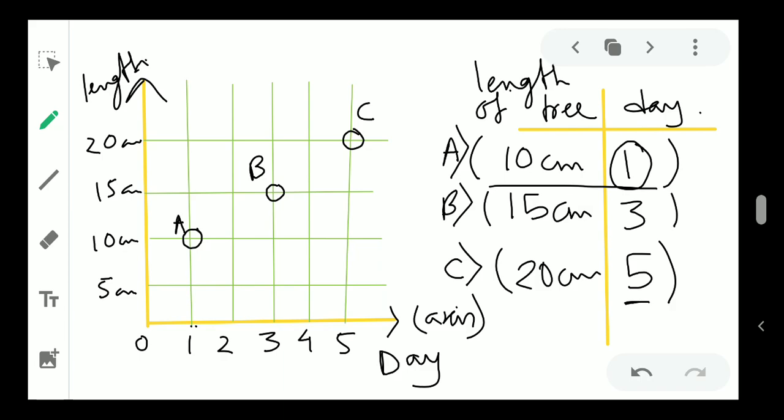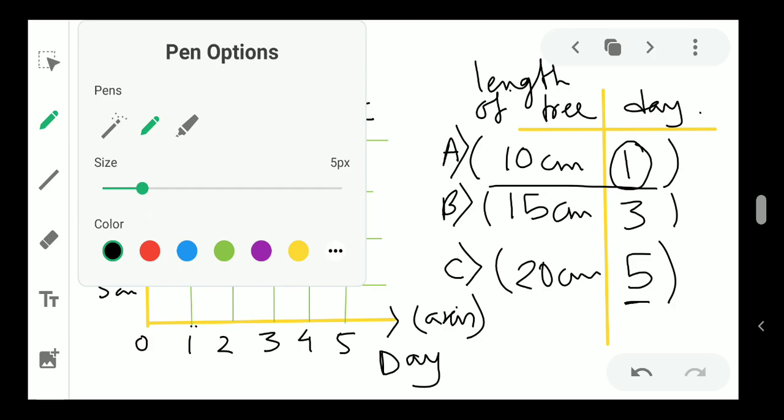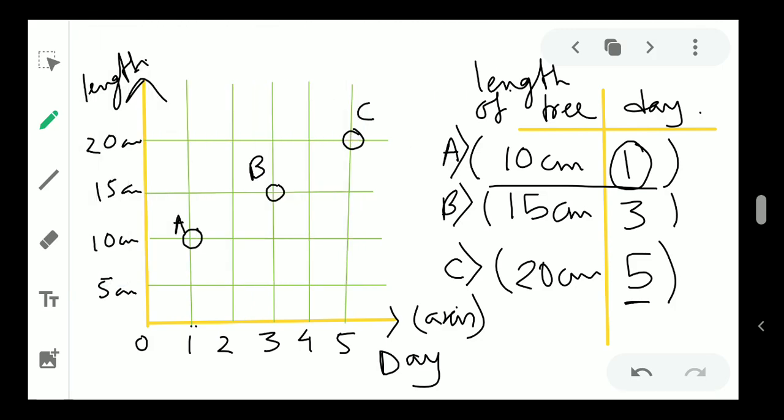So how to give the locations? No locations are required. What you have to do is just draw lines, so you can see how the plant is growing. You can see that the plant was growing at first like this, then it is going like that.